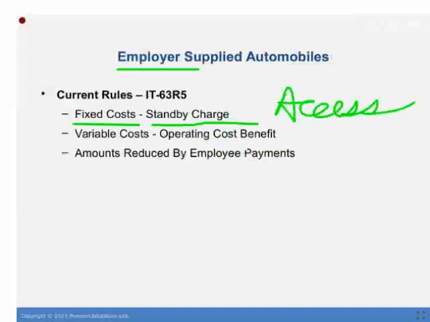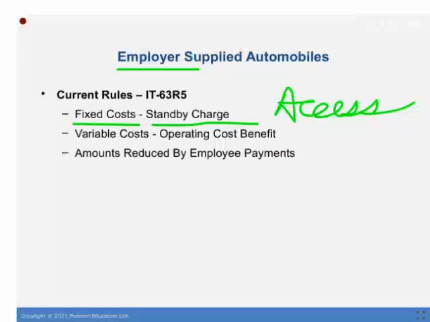You could go out to the car lot, buy a vehicle, set it in your driveway and never get in it. Well, you're still going to have to make that monthly, bi-weekly, weekly, whatever it is, payment. Just the fact you're not using it doesn't mean it doesn't still have a value or a cost. So the fixed cost, standby charge, is for access to the vehicle.